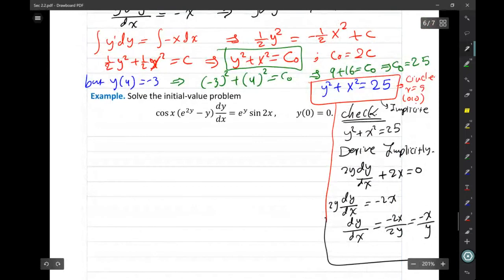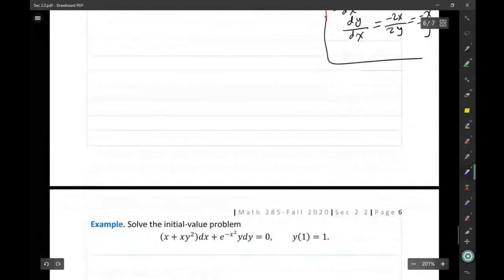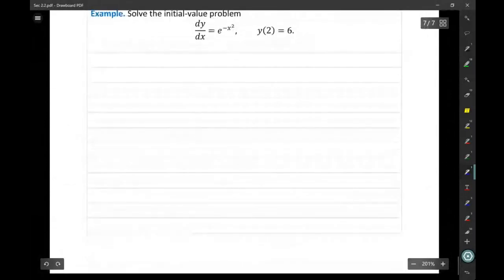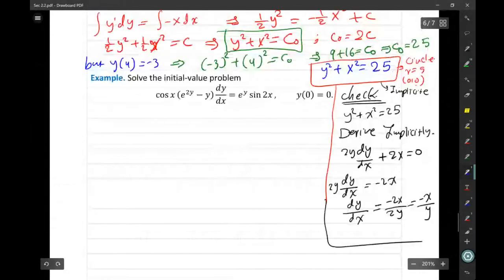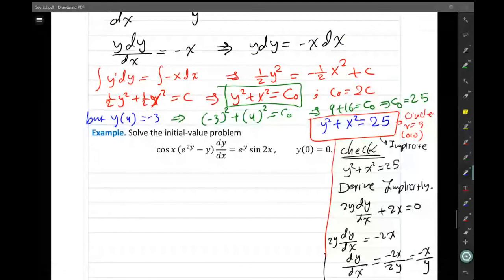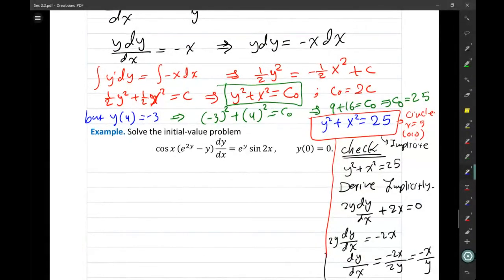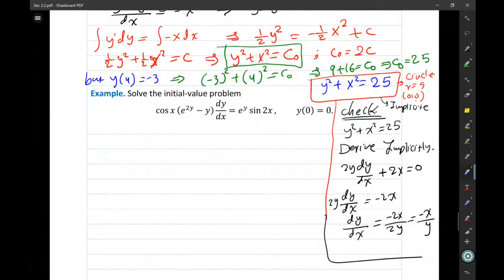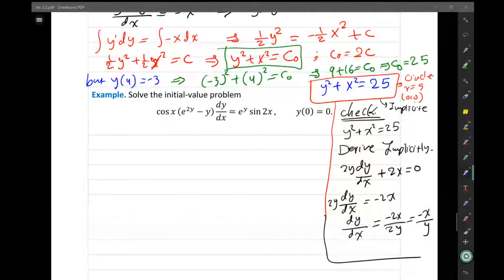Okay, is it clear here? Let us see the next example. I want you to solve it, not me solving it by myself. Listen to me. How many students do we have here? We have 18 students attending the class, 17 students. I will give you 4 minutes to try this example, but I will ask randomly.